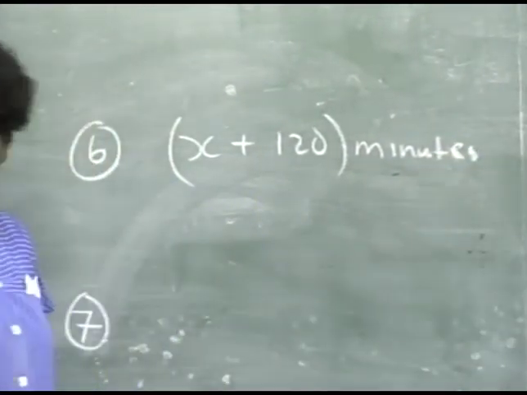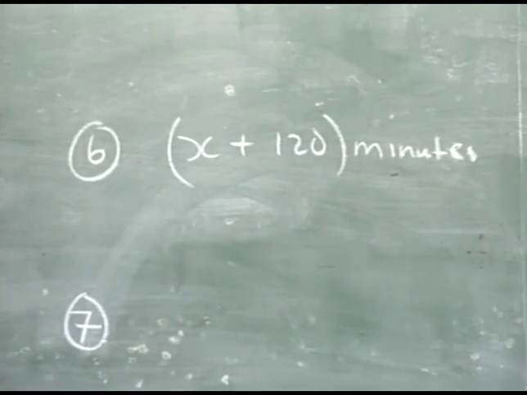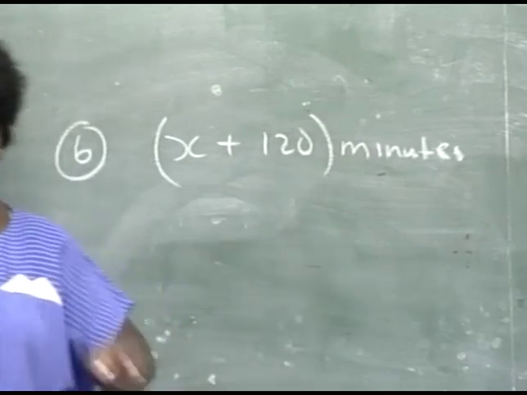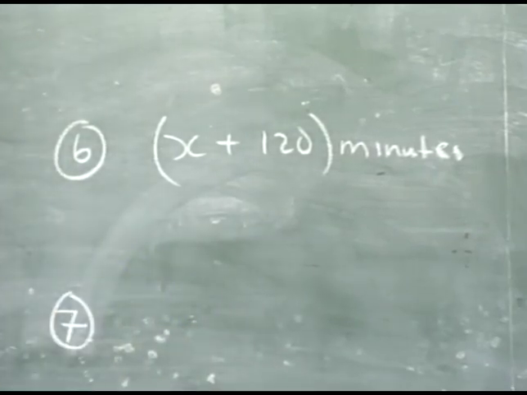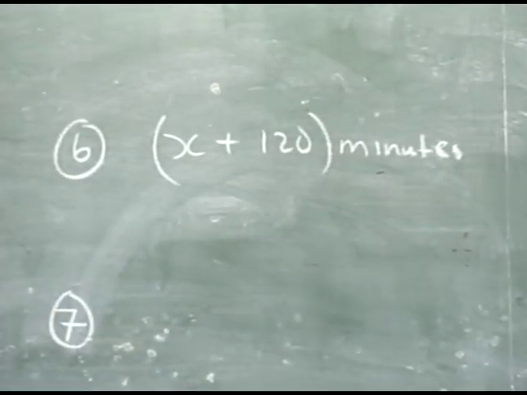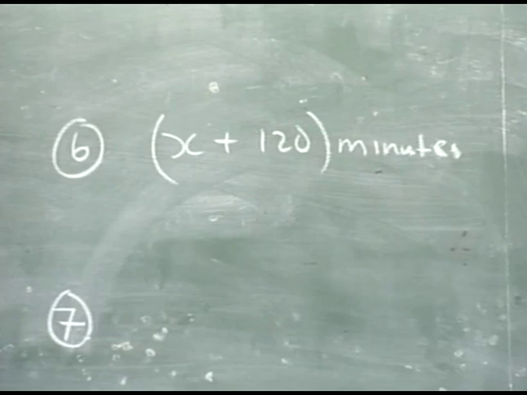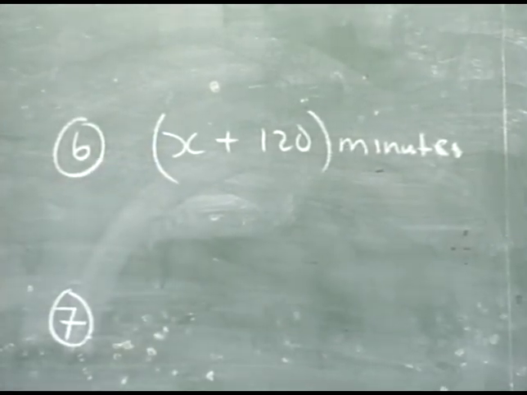You all understand how you get X plus 120? Okay, if there are 10 minutes before 10 o'clock, that's 10 minutes. And then 10 o'clock to 12 o'clock is 2 hours. 2 hours, there are 120 minutes. So you just add the 10 minutes to 120. Exactly the same. X minutes before 10, you get X plus 120.